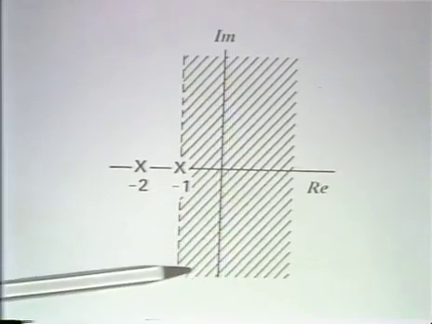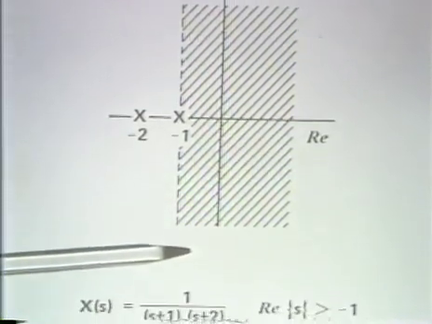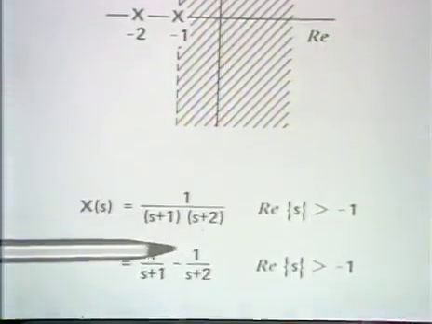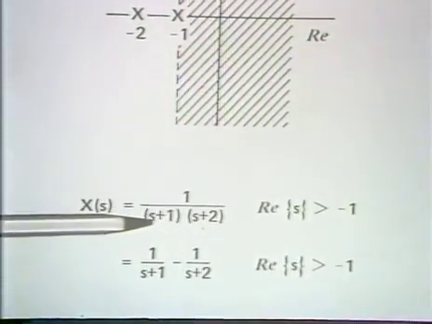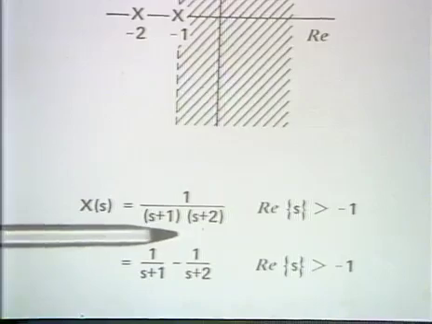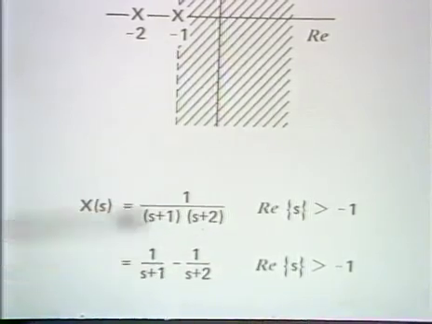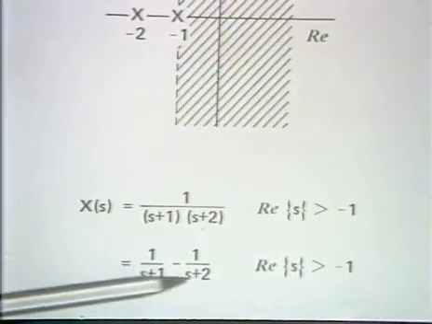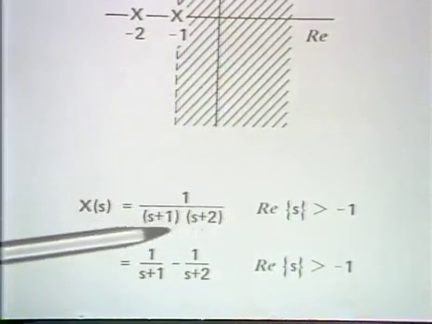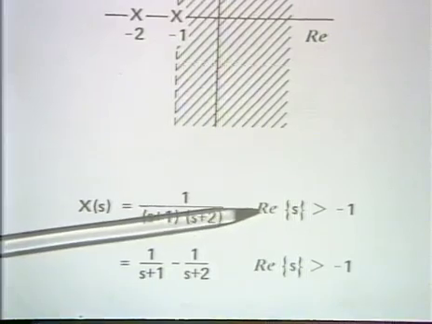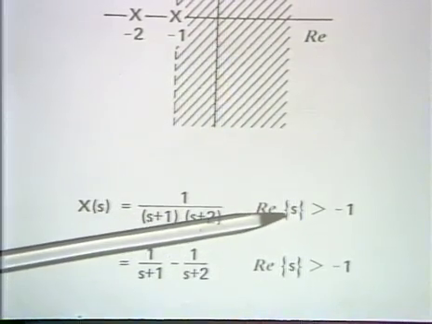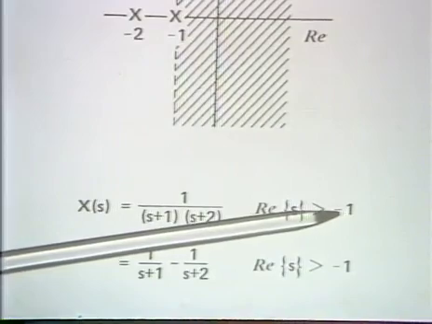Looking down at the algebraic expression, we have it equivalently expanded in a partial fraction expansion as I show below. If you simply combine these together, that's the same as this. And the region of convergence is the real part of s greater than -1.